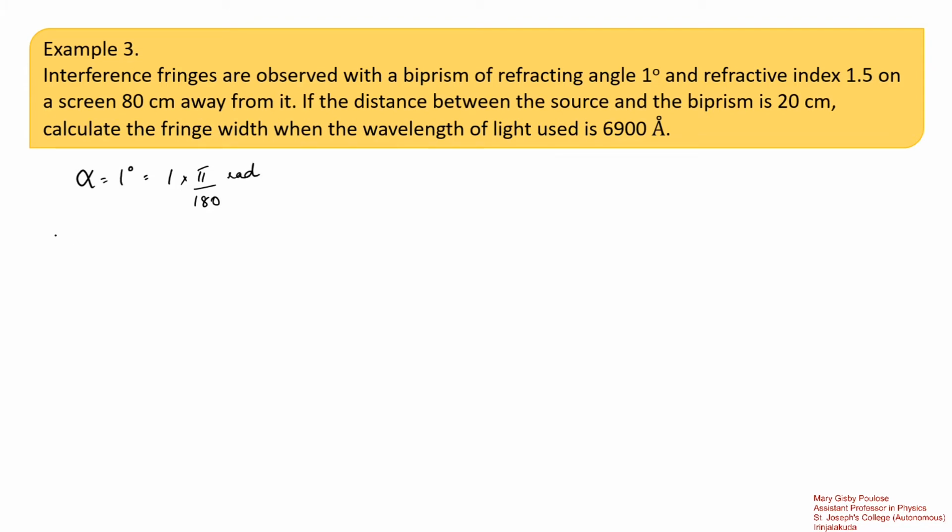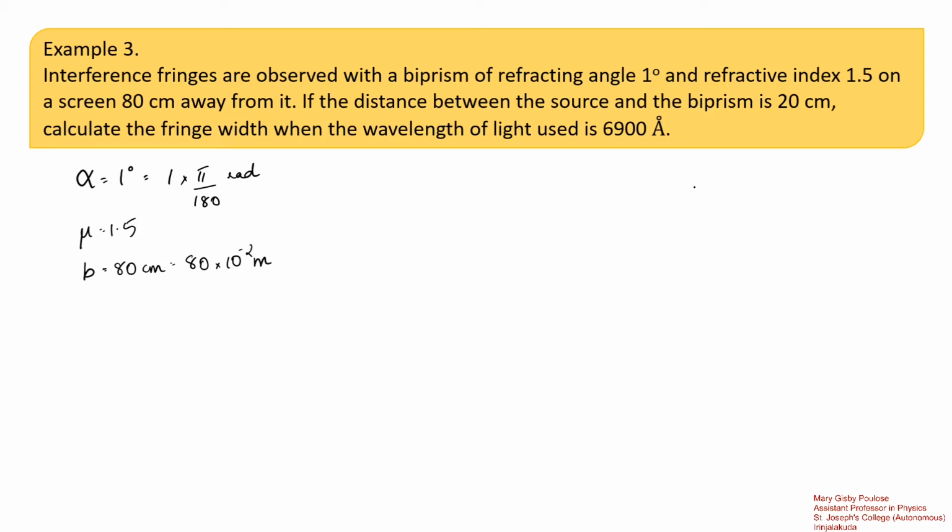The refractive index of the biprism mu is given as 1.5. The screen is placed from the biprism at a distance of 80 centimeters. That distance is usually assigned as small b. Small b is equal to 80 centimeters, or 80 into 10 raised to minus 2 meters.